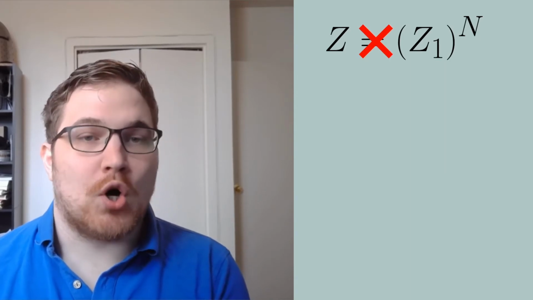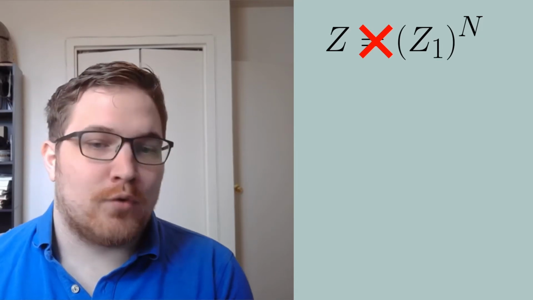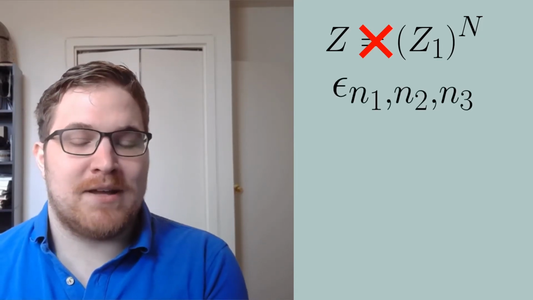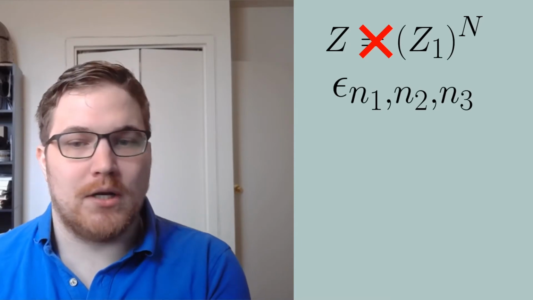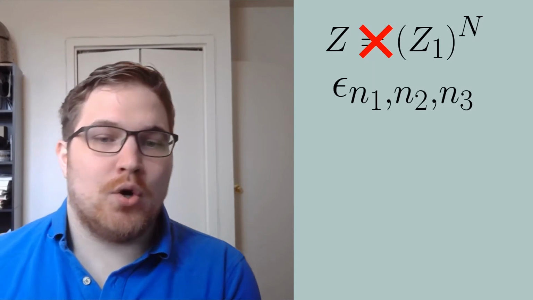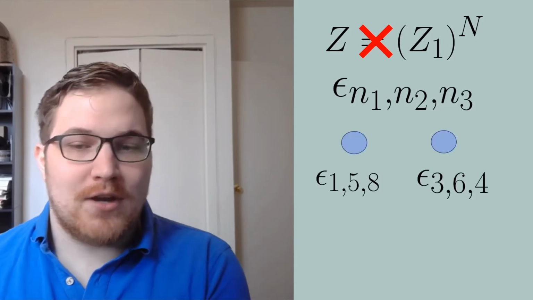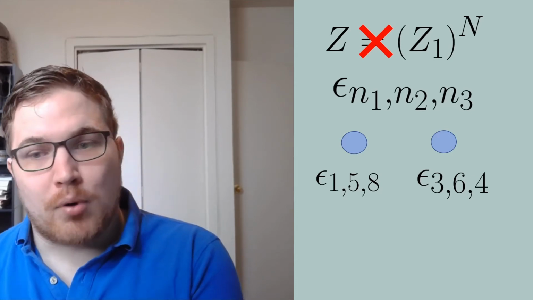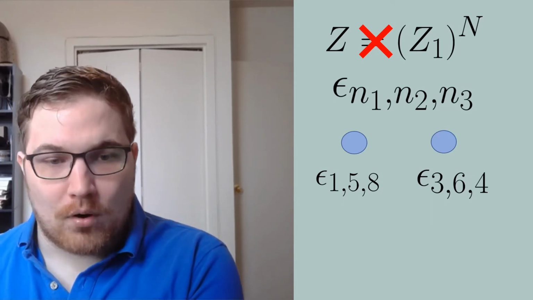The particles are indistinguishable. So for example, each energy for an individual particle is specified by the indexes n1, n2, and n3. We can imagine a scenario where one particle has energies labeled by the integers 1, 5, and 8, and the other particle with 3, 6, and 4.